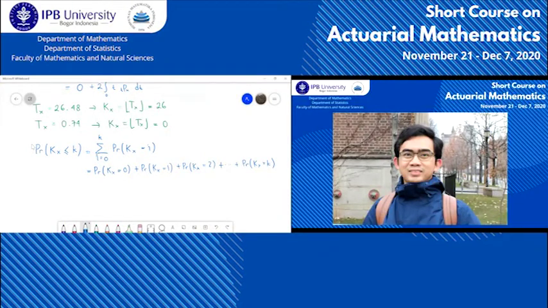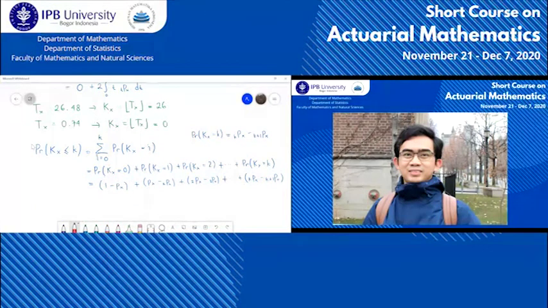We already have the formula that the probability mass function of Kx at k is k px minus k plus 1 px. So the probability of Kx equal to 0 is 1 minus px, this one will be px minus 2px, this one 2px minus 3px, and the last one is k px minus k plus 1 px.